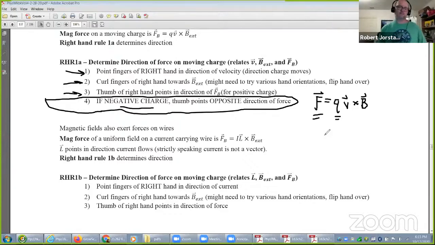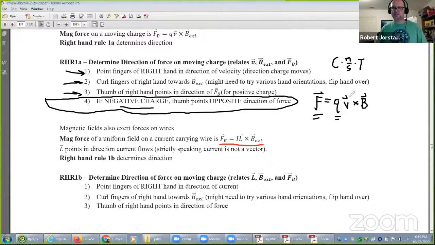We need to watch out for plus charges, minus charges, velocities, parallel, perpendicular, and so on. Now, here's a funky little equation. The same thing applies here. Now, let me just check the units of this really quick, just so you can see this. This is coulombs times meters per second times Tesla, right?